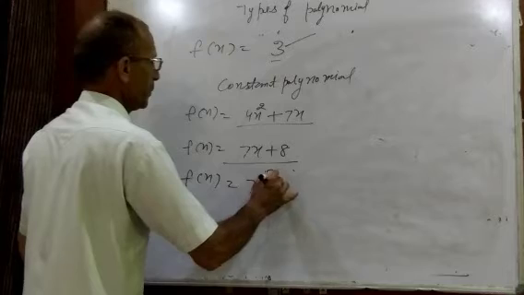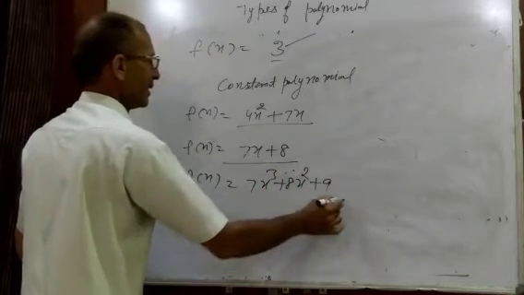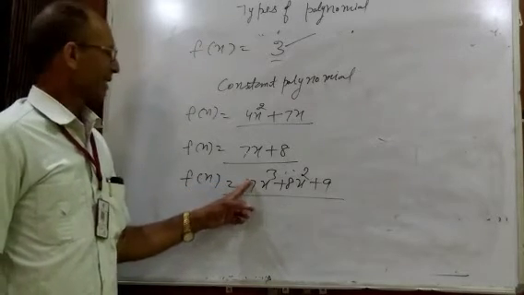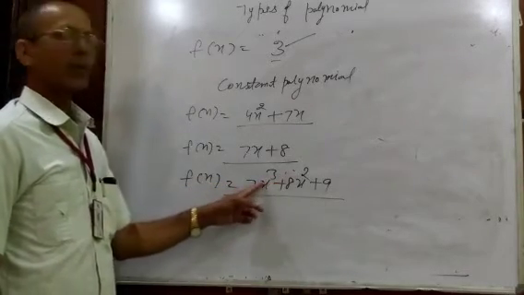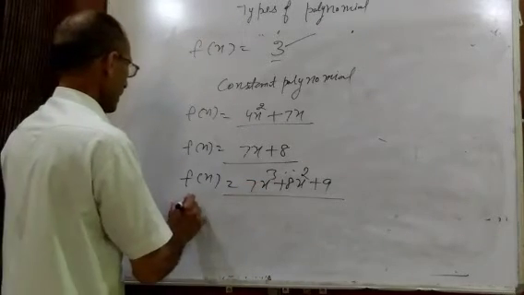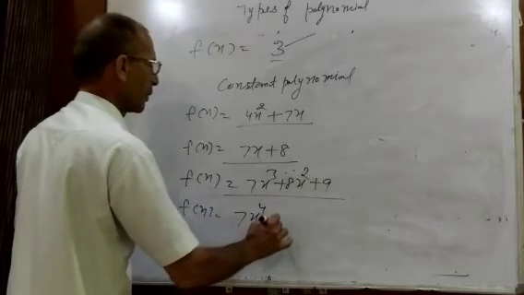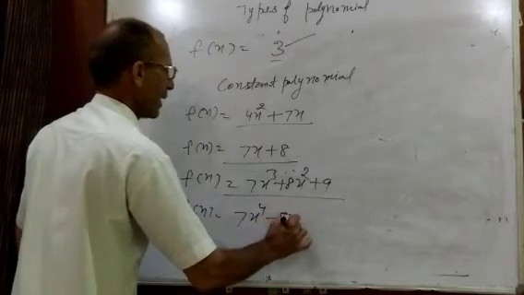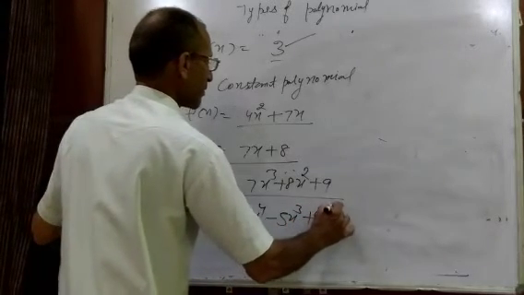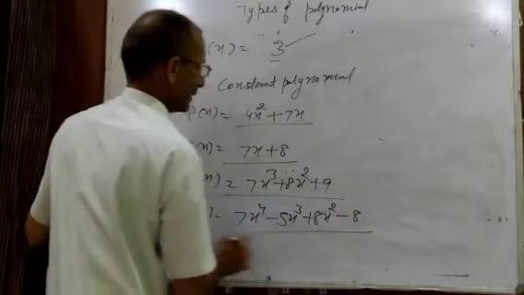f(x) is equal to 7x cube plus 8x square plus 9. This is a cubic polynomial with 3 terms. The highest power of the polynomial is 3, so this is a cubic polynomial. f(x) is equal to 7x raised to the power 4 minus 5x raised to the power 3 plus 8x square minus 8.